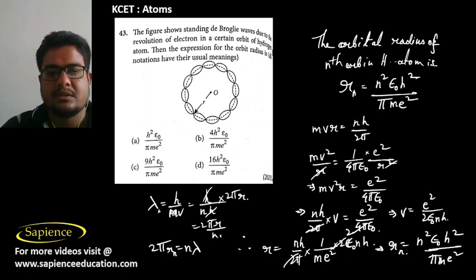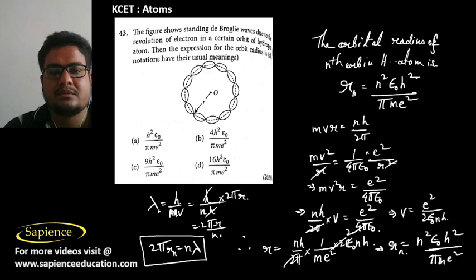It means 2 pi r, the circumference of the nth orbit, is equal to n times the de Broglie wavelength, where standing waves are formed.